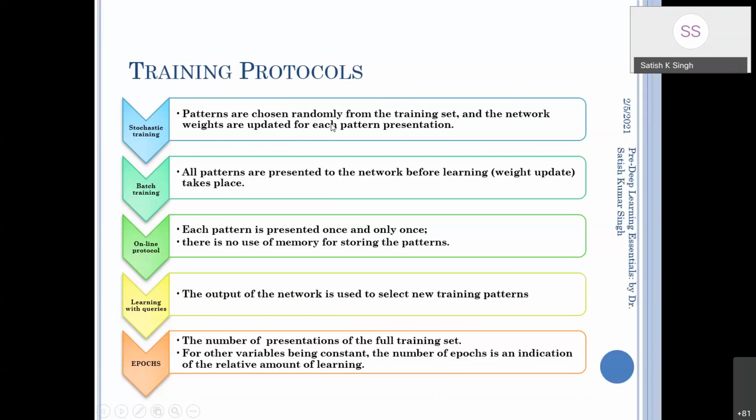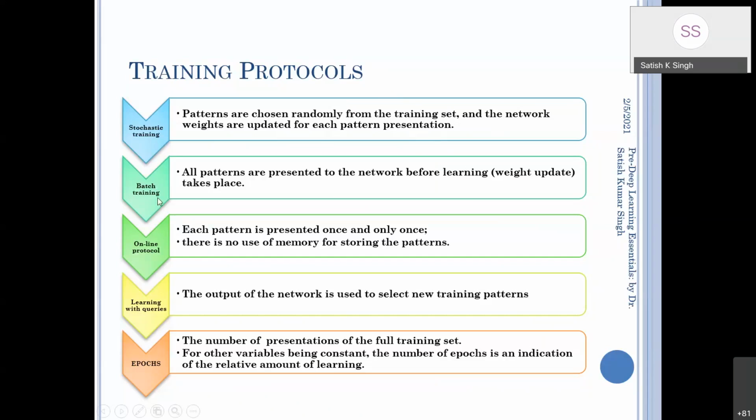Patterns are chosen randomly from the training set, and the network weights are updated for each pattern presented. Say you have 1,000 samples. Out of those, you randomly select 10 or 100 samples and update the weight. That is fine, but this is random. So this kind of training is stochastic training. You present one by one those 100 samples, which were randomly selected.